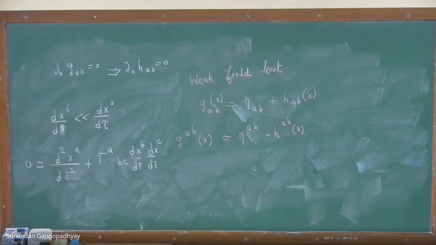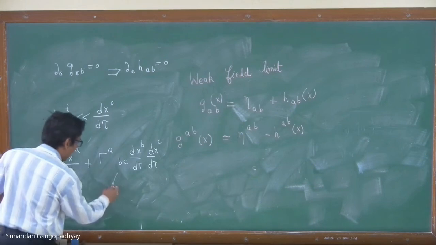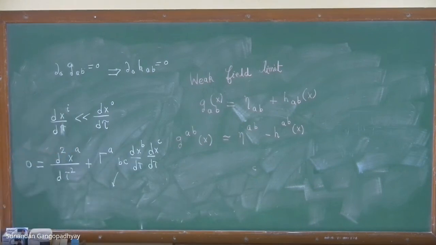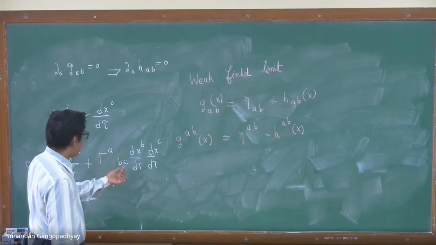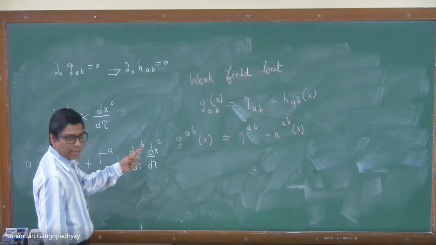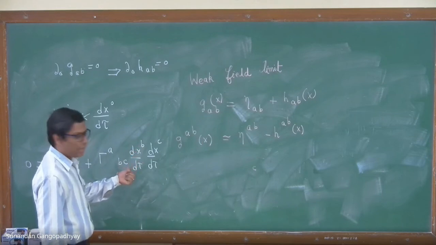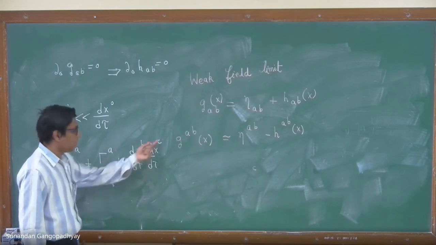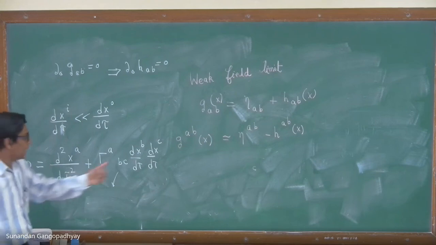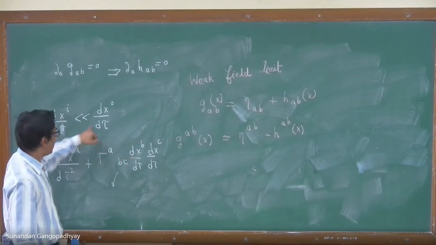This is the geodesic equation. So here, now we shall impose all the approximations that we have. From this term, you can immediately see that there will be terms gamma^A_ij, which will give you dx^i/d tau, dx^j/d tau. There will be a term where you will have gamma^A_00 dx^0/d tau dx^0/d tau, and the i terms will be smaller than dx^0/d tau.